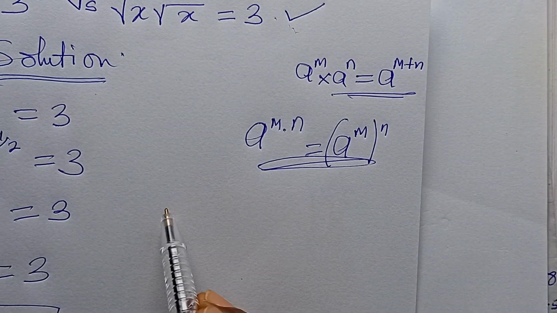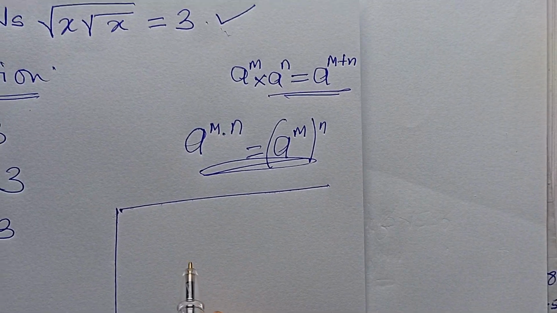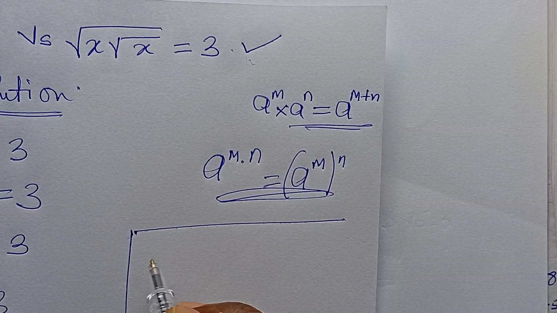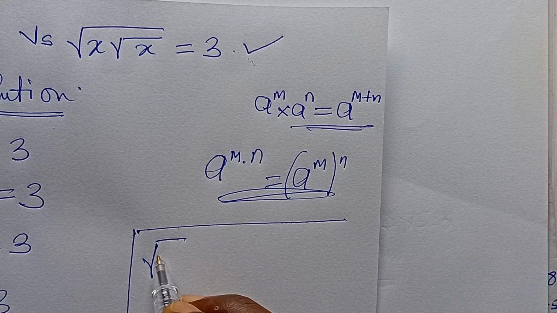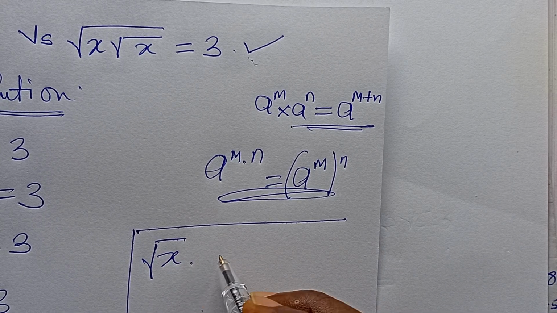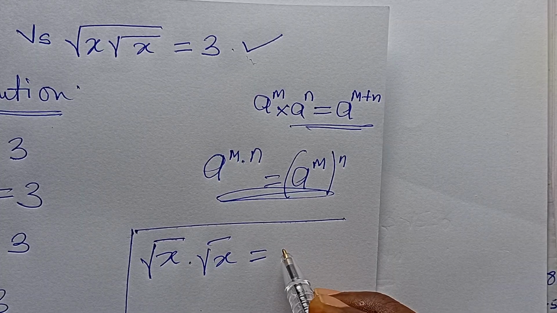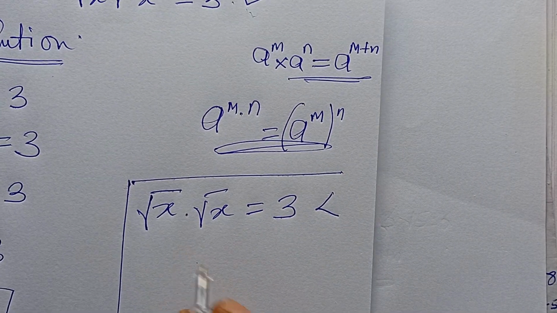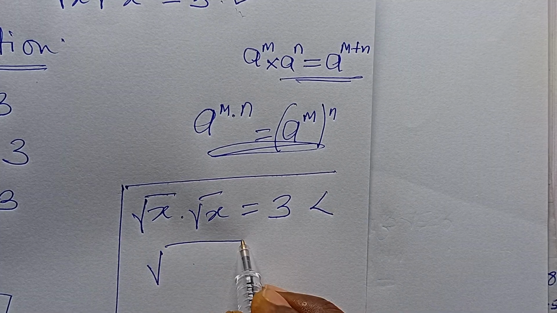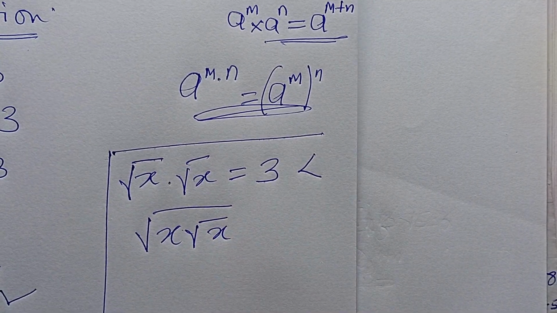Or let's write it here so that we get it clearer. So we can now say that root x times root x equal to 3 is less than the square root of x root x.